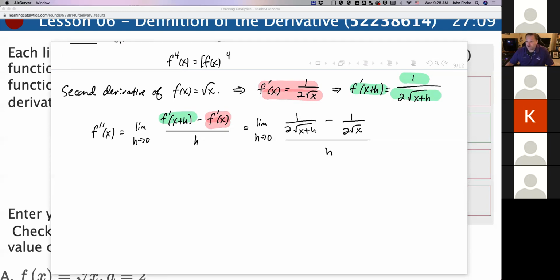I think we all know that if you divide by 2, that's the same thing as multiplying by 1/2, right? So division is the same thing as multiplication by a reciprocal. So here I'm dividing by h. That's the same thing as multiplication by the reciprocal of h, which is 1 over h.